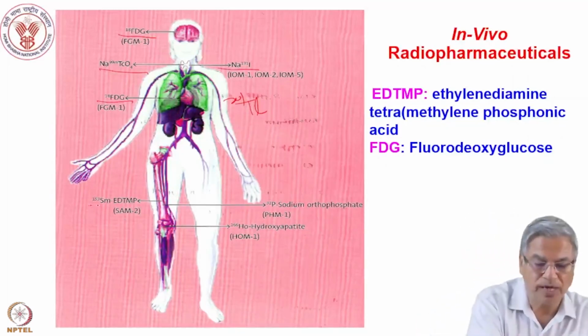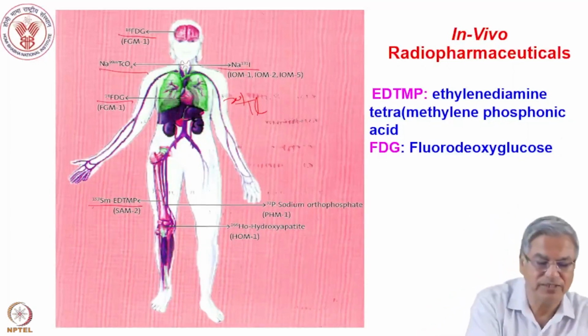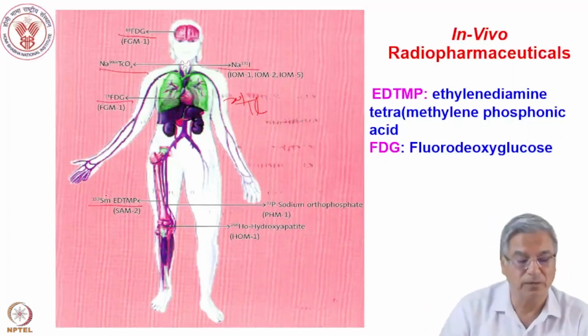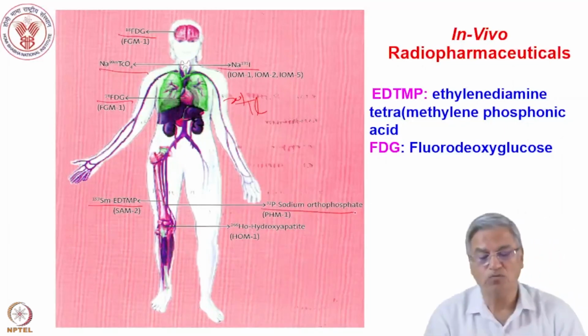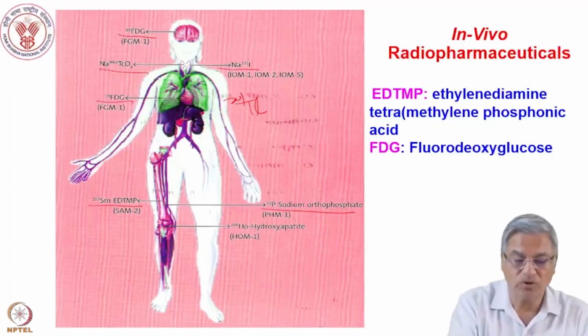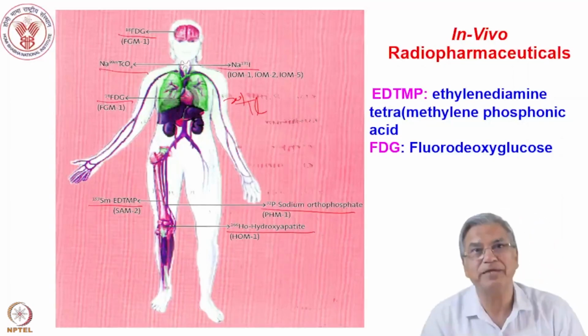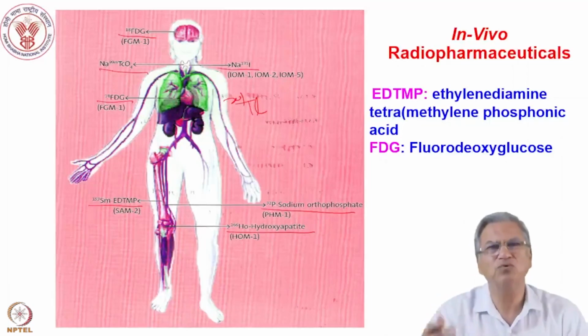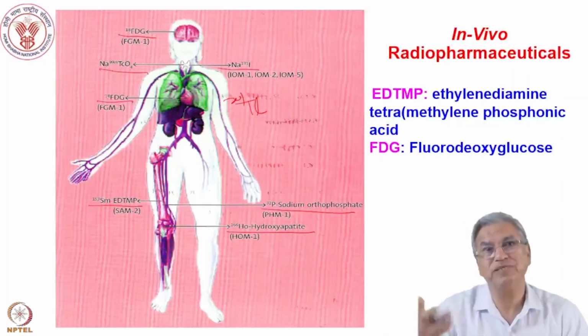Then for bones, you have ethylene diamine tetramethylene phosphonic acid, samarium-labeled EDTMP, or you can have phosphorus-labeled orthophosphate. Again, for the bones, you have holmium-166 hydroxyapatite. So, in fact, there are a few of these. For example, for the prostate, there are prostate-specific antigens.